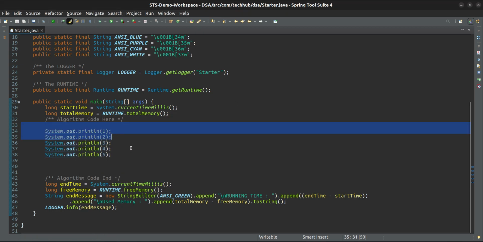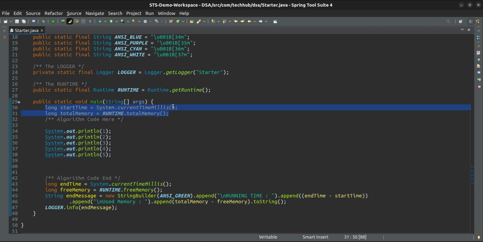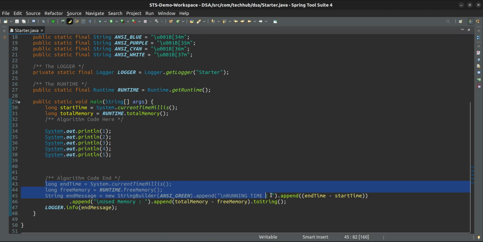This is your program. Don't consider these lines, because this is just to calculate how much time your algorithm is taking and how much memory your program is taking to execute.